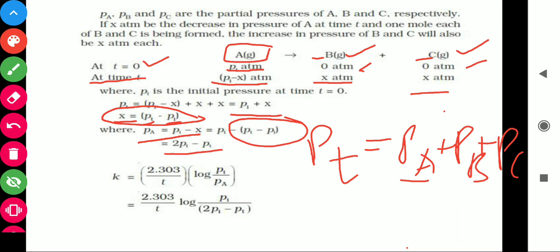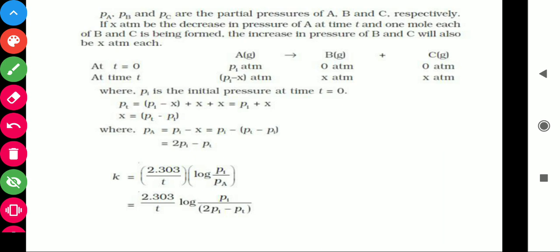PA will be equal to 2P1 minus PT. PT is equal to total pressure and P1 is equal to initial pressure of reactant when the reaction is not started.